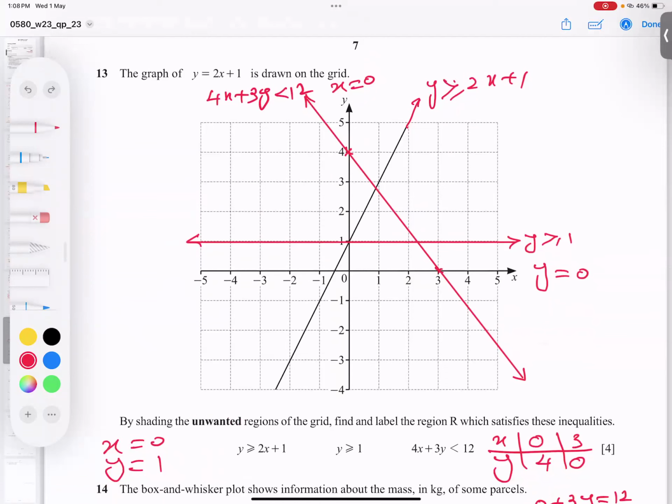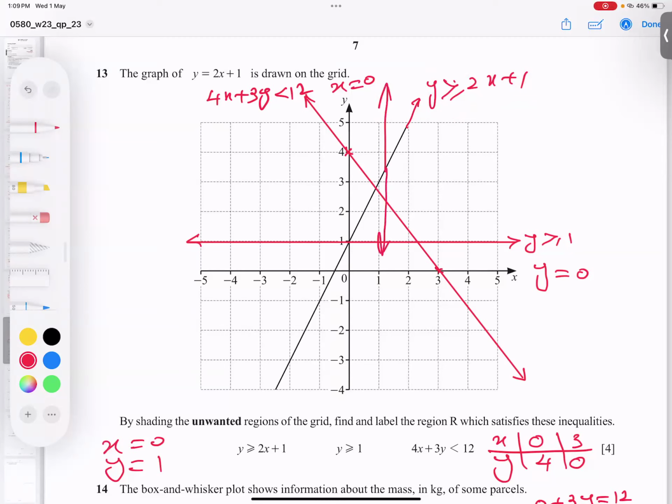So now, students, I'm going to shade the unwanted region. Here is a big difficulty for students. The best technique as a teacher I tell the students: don't care about x, don't care about numbers, care about y in the inequality. So ask yourself, y is bigger. How to read it? Don't read from this end, read from the variable's end. Y is bigger. Ask yourself, above the line, is the y value bigger, or below the line?